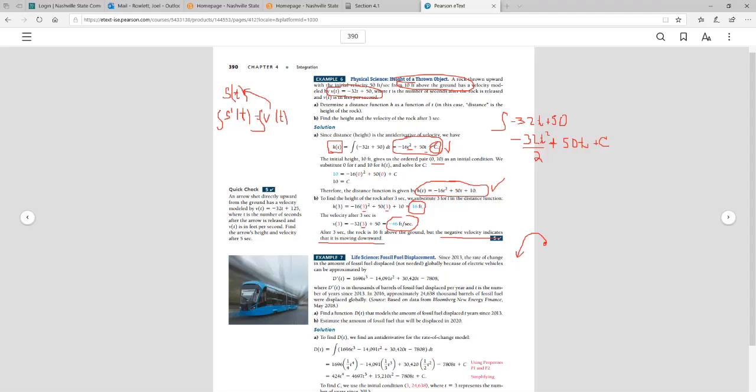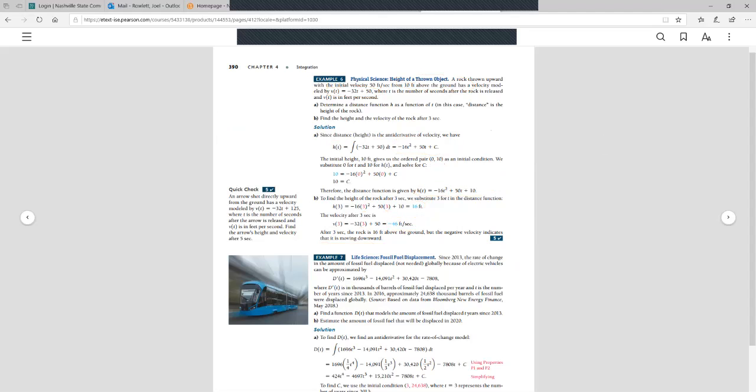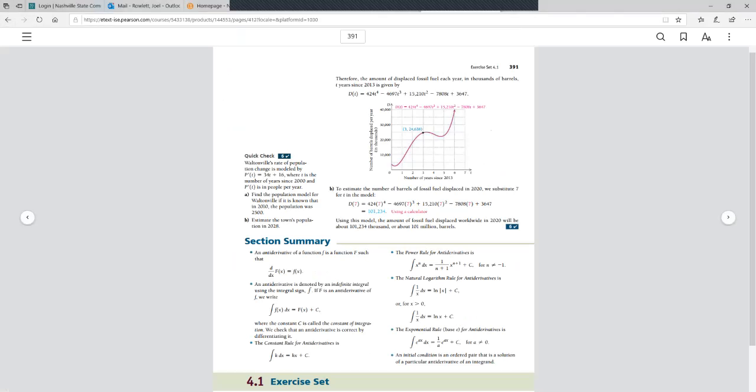But since the velocity is negative, that means the slope of the tangent line would be negative. That tells me that the object is traveling back down toward Earth. So that takes care of section 4.1.